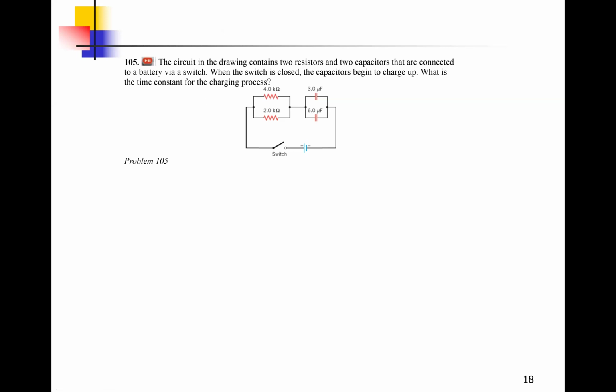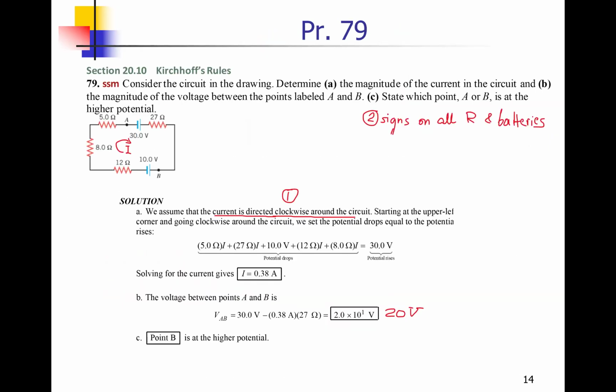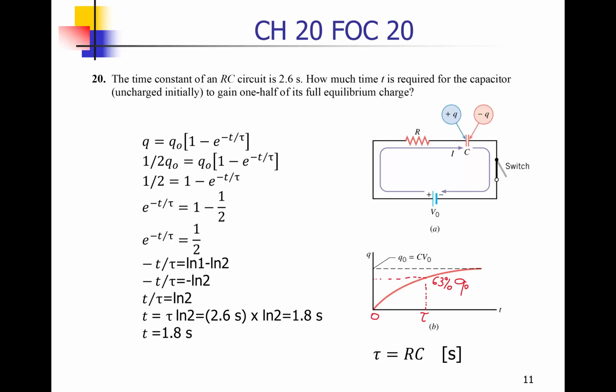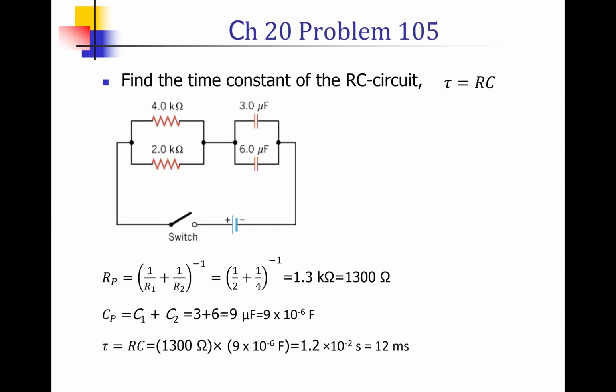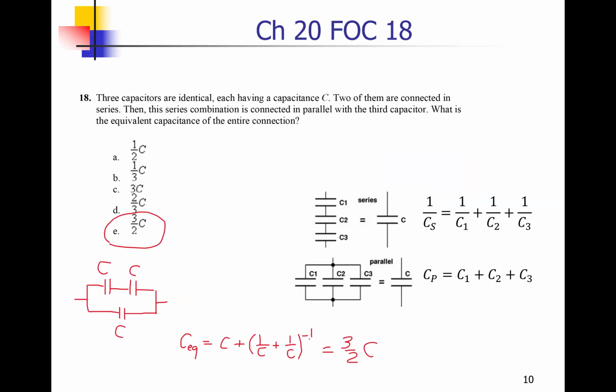For this problem, you are going to calculate the resistance and the capacitance. Remember from our PowerPoint slides, if your capacitors are connected in parallel, then CP will be equal to C1 plus C2 plus C3.